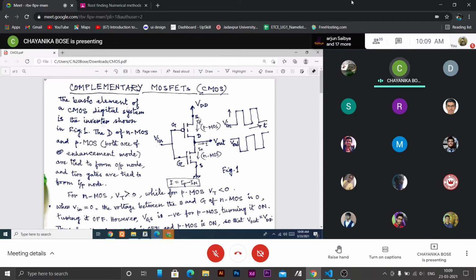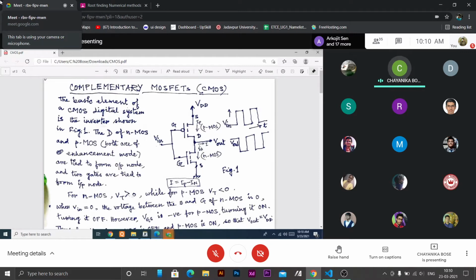Only power dissipation occurs during the transients when the switch moves from off to on or on to off. When the change of state occurs, only then certain current will flow through the device and some power dissipation takes place. Otherwise, at steady state, the switch is on or the switch is off.